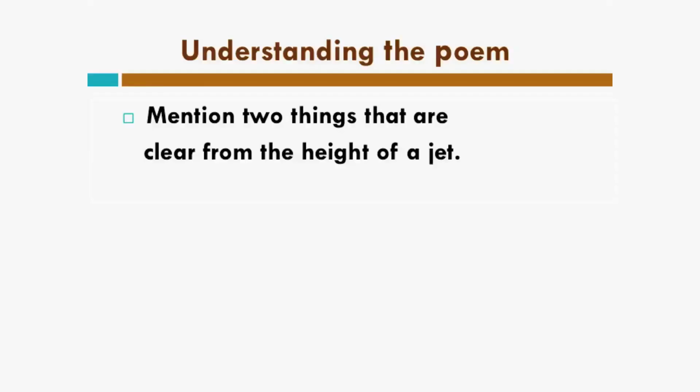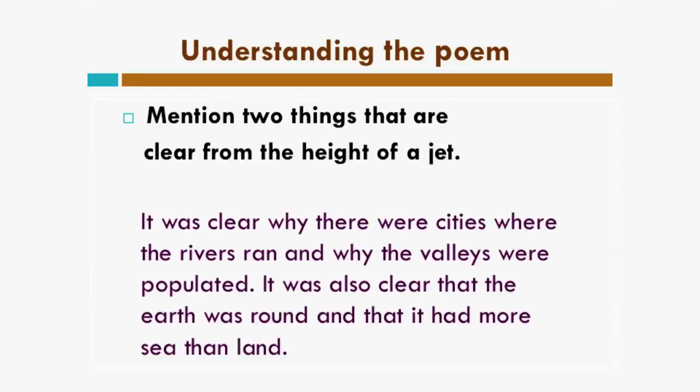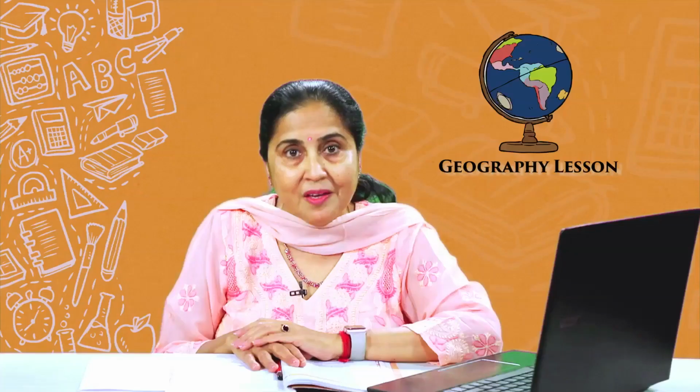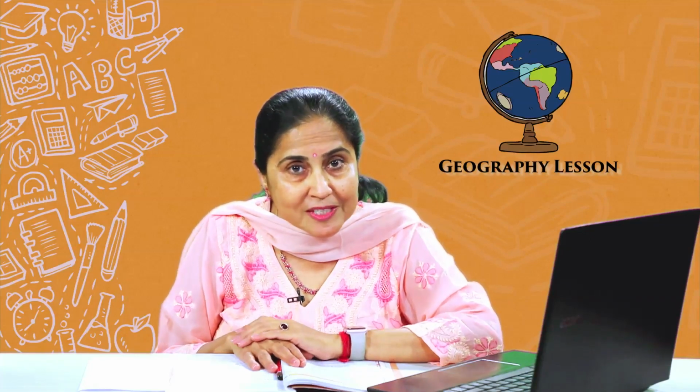Underline the phrases, the words that mention two things that are clear from the jet. Yes, the first is that all our cities have developed near rivers or in the valleys, and the second thing is that the earth is round and there is more sea than land.